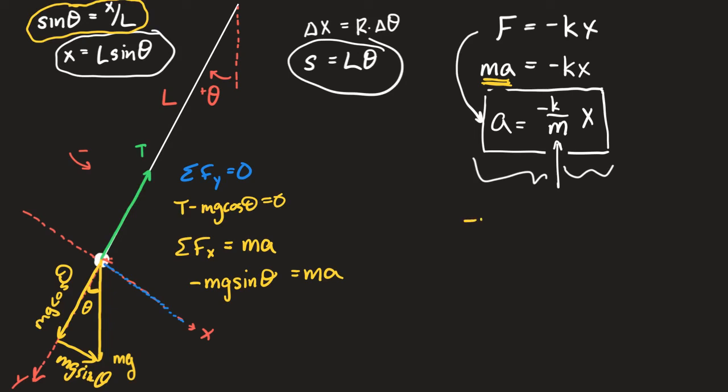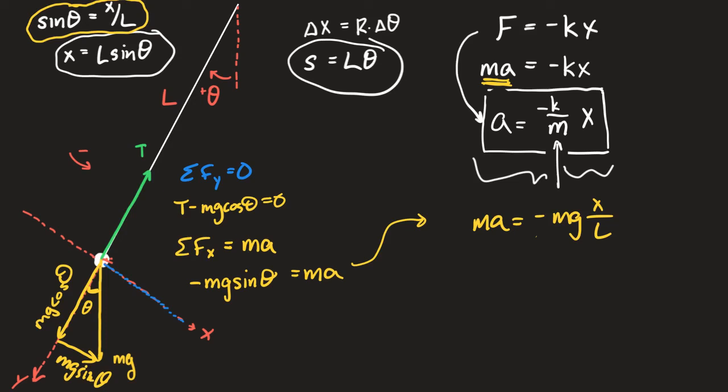So minus mg x over L equals ma. Now, why would I write it like that? Well, because I'm moving it over here, but I'd like to line these things up. So it wouldn't be terrible if I just said, ma equals minus mg x over L. That won't be terrible, right? I just want them lined up.